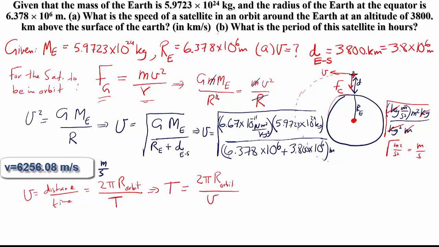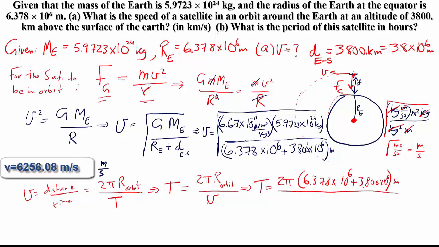Now, we already established that the radius of the orbit is the sum of the radius of the Earth plus the distance between the satellite and the surface of the Earth. So T equals 2 pi times the sum of 6.378 times 10 to the power 6 plus 3.800 times 10 to the power 6, and those all are in meters.